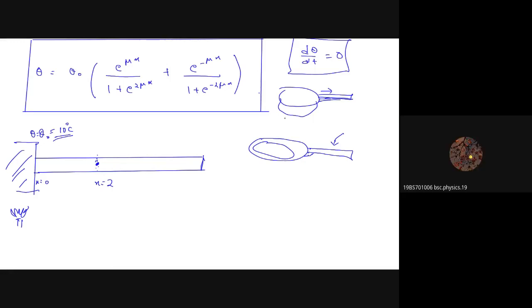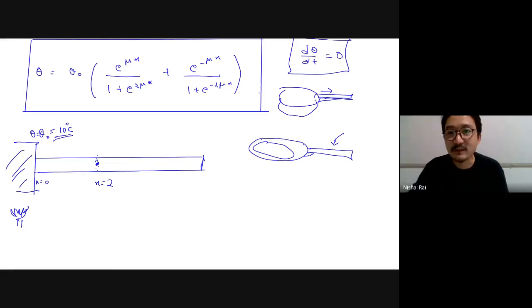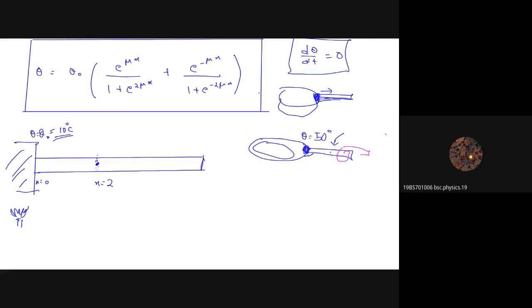So just think of this side of the region getting heated and reaching a constant temperature, let's say 30 or 50. Usually it will be at a high temperature, and you will be holding this over here like this.